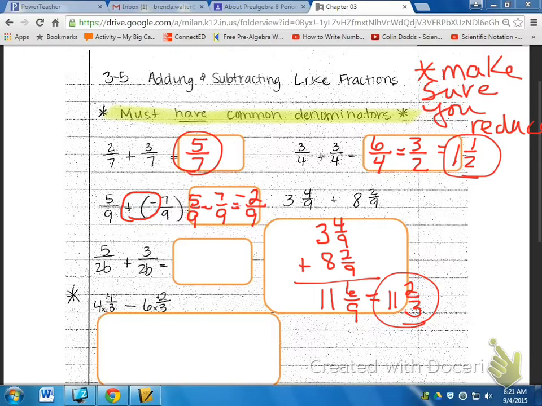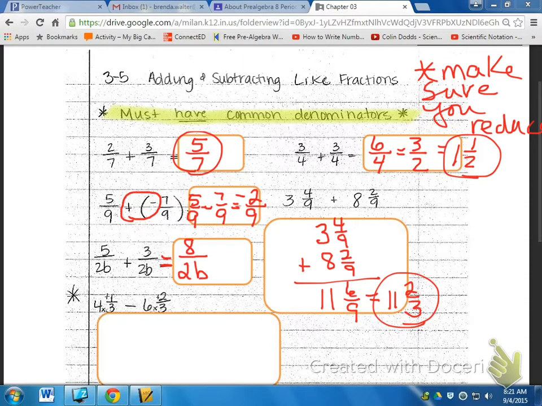All right, now we're going to add some letters in. 5/2b plus 3/2b. In this one, the variable is part of the denominator. So anybody that hasn't gotten a ticket want to do this one? Okay. Stephen? 8/2b.